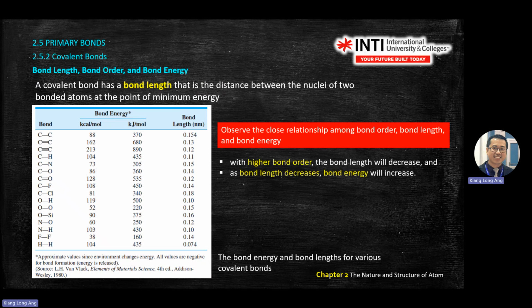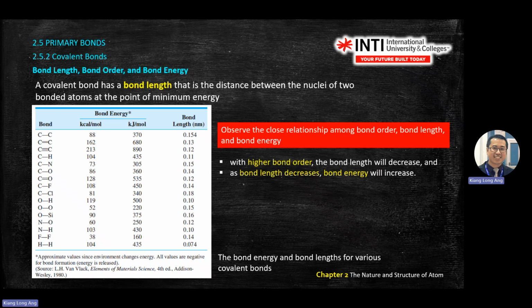So what to observe here? Okay, with higher bond order, bond length decreases. For example, carbon single bond, double bond, triple bond. The higher the bond order, the shorter the bond length. As you have higher bond order, the 2 atoms are attracted to each other because they are sharing more and more electrons.